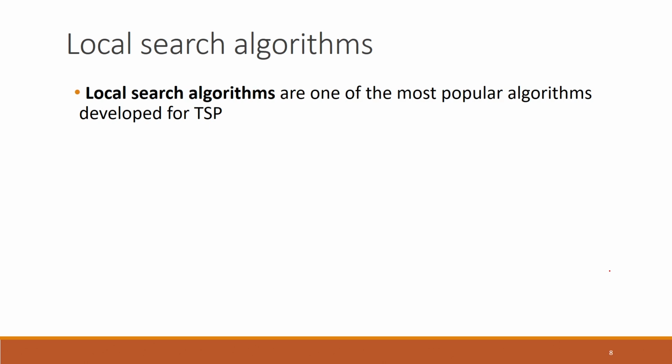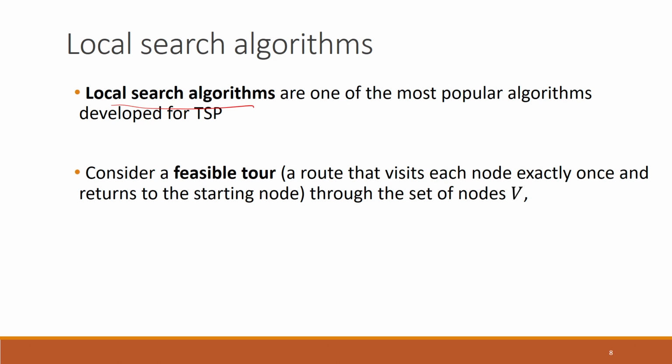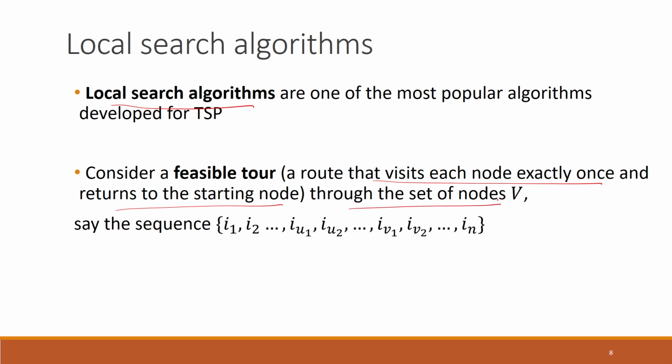Since we have problems such as the traveling salesman problem where the triangle inequality may not hold, there are other algorithms, such as local search algorithms, for solving the TSP. This local search algorithm goes like this: it constructs a feasible tour, that is, a route that visits each node exactly once and returns to the starting node, through the set of nodes V. Suppose we construct this feasible tour with n nodes, going from I1 till In.